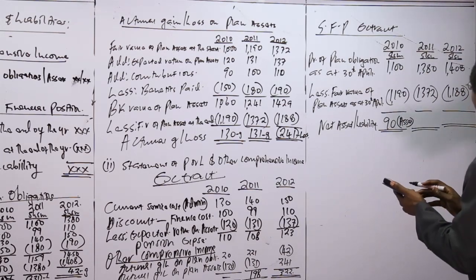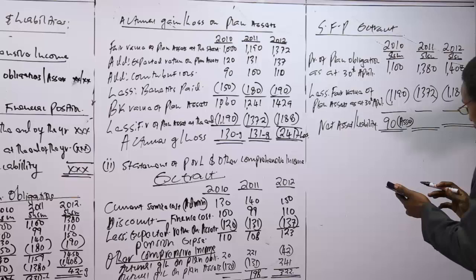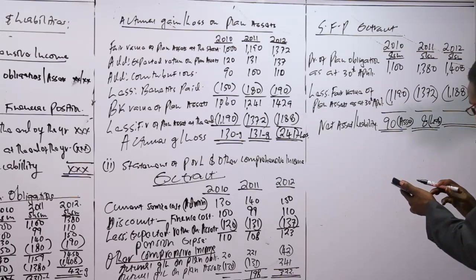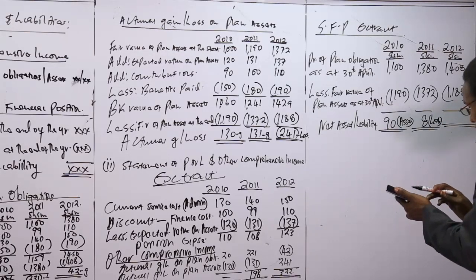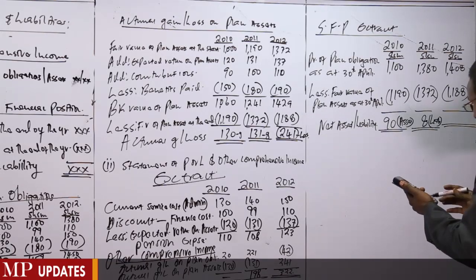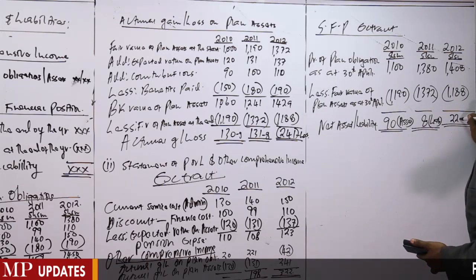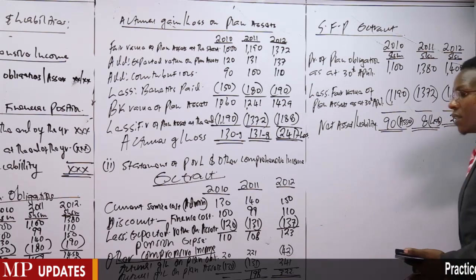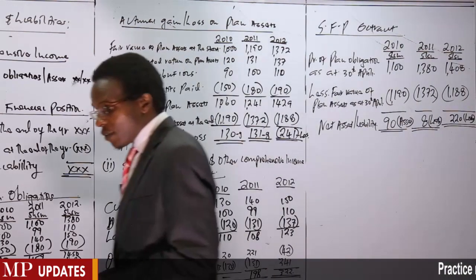Then the other one is 1380 minus 1372. This is 8, a liability. Then 1408 minus 1188. That's now 220, a liability. So we only have one asset, 90, and the other 8 and 220 are liabilities in the respective years.